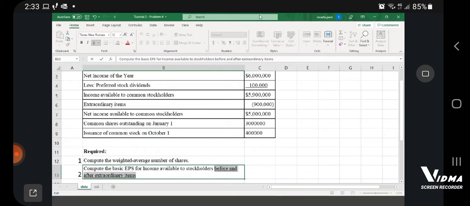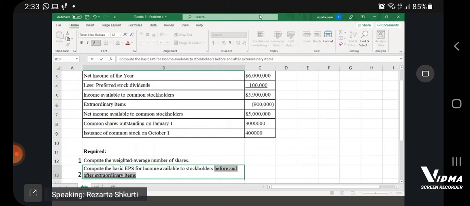One of the requirements of IAS 33 is that in case we have discontinued operations, or some not normal activity or extraordinary items like this, the company should calculate and disclose the basic earnings per share relating to each of these activities.